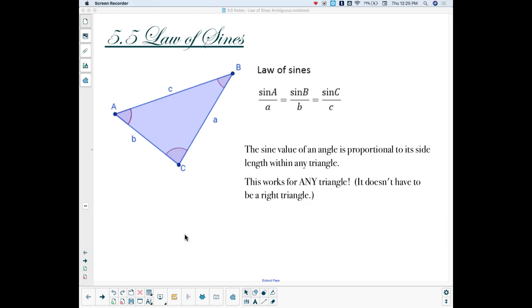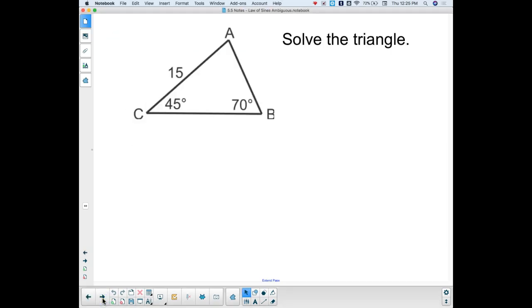Okay? So the nice thing is this allows us to solve any triangle for all three angles and all three sides. Okay? So I ask you, and we can do this together if you will, to solve this triangle.